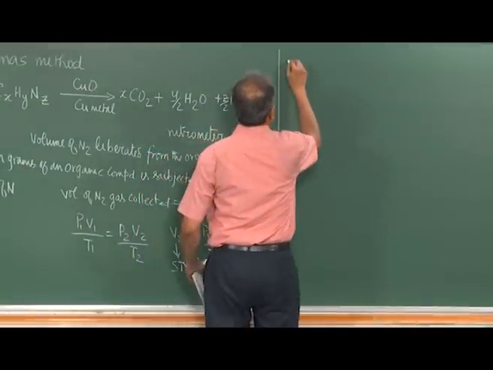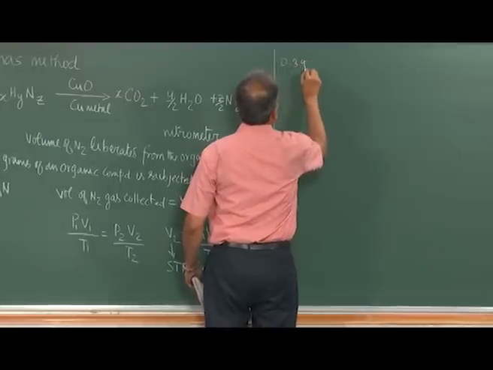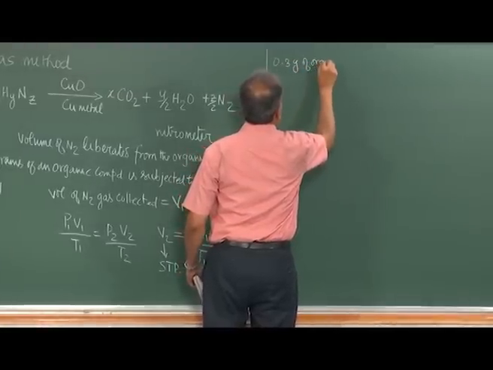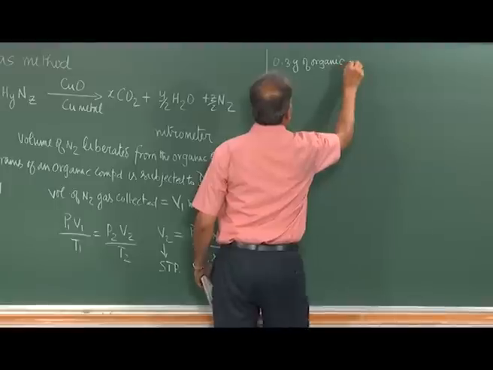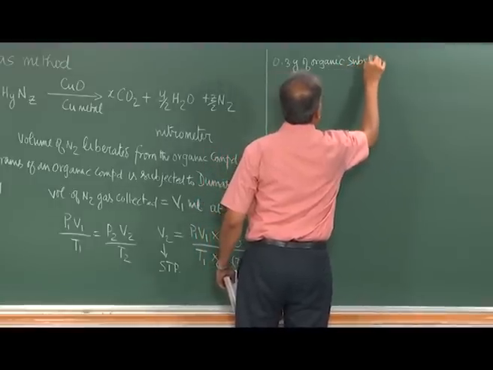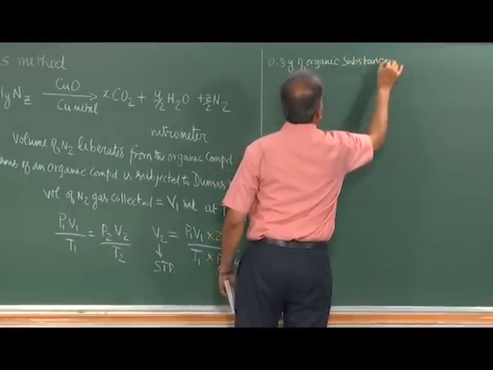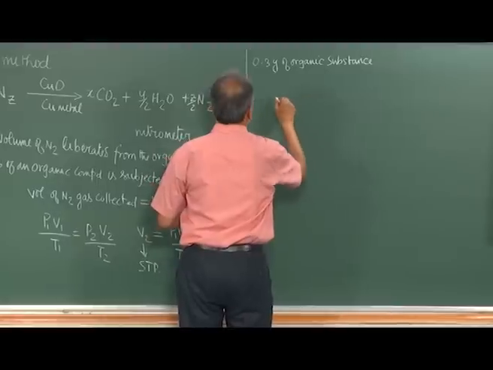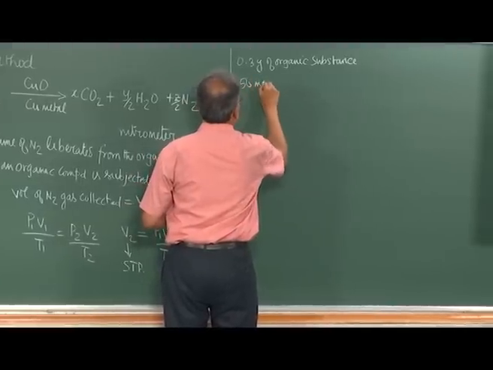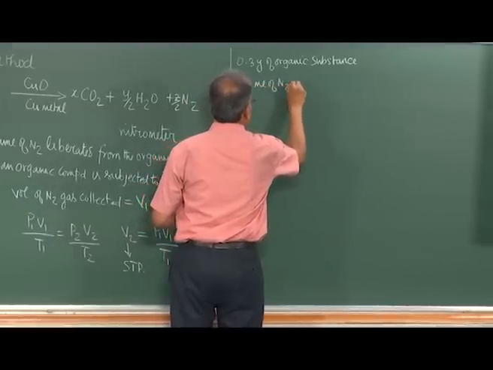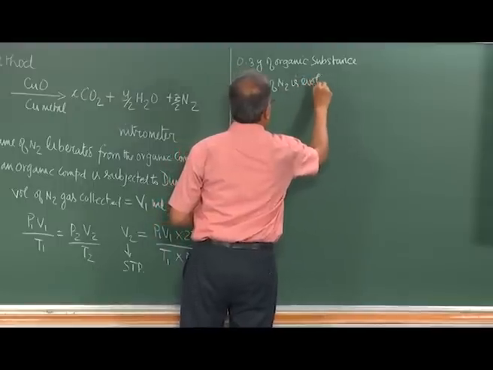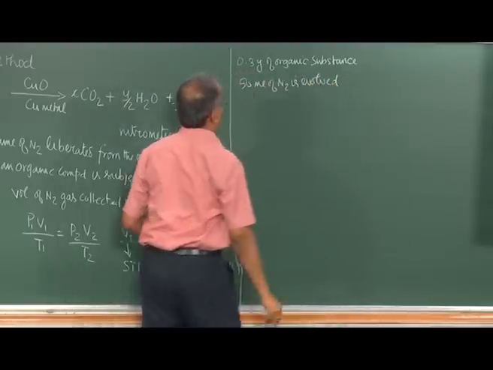Let us say, for example, 0.3 grams of an organic substance on Dumas method gives 50 ml of nitrogen evolved during the estimation of nitrogen.